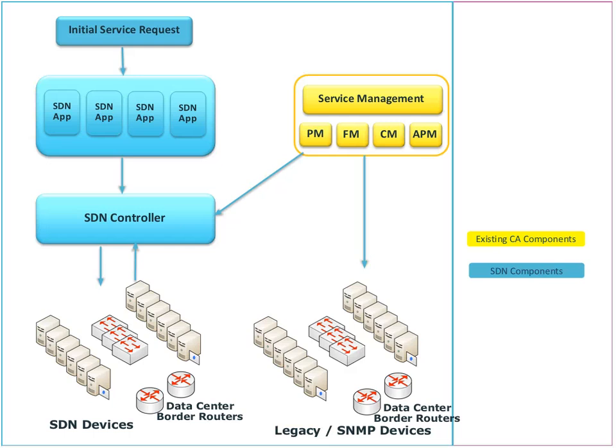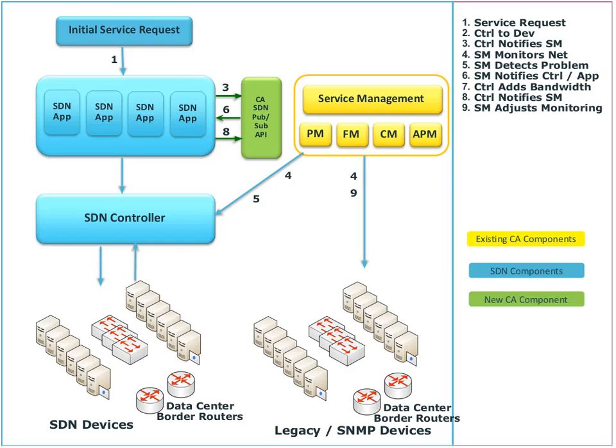So the challenge here is to manage those two environments side by side for the foreseeable future. The way we do that is we're introducing a concept where we have an API between the controller and the portfolio of CA products, and between the SDN applications and the portfolio of products. So that green box that was just introduced is the capability for existing products to now participate in the SDN ecosystem.